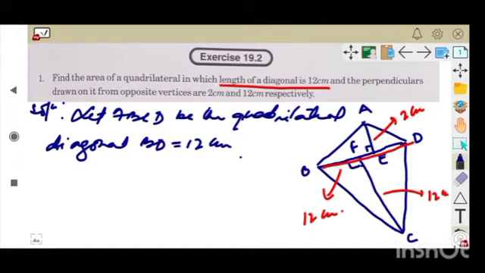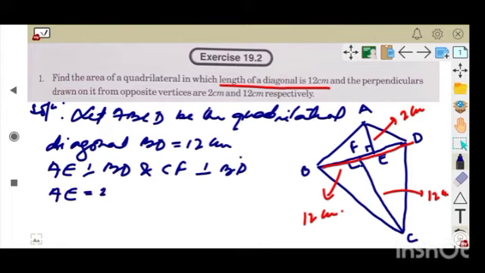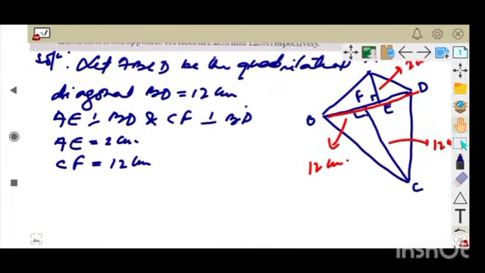So let me write here, AE perpendicular to BD and CF perpendicular to BD. I'm just writing this so that you can understand better. The length of AE is 2 centimeter, and CF is 12 centimeter. Now let's start the solution.